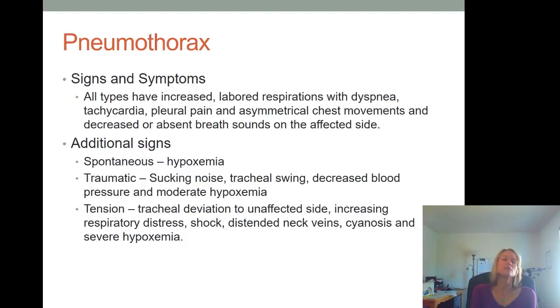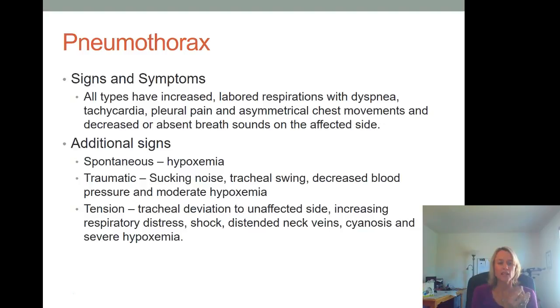Signs and symptoms. All types of pneumothorax are going to have increased labored respiration with dyspnea, tachycardia, pleural pain, and we're going to see asymmetrical chest movements, and decreased or absent breath sounds on the affected side. Asymmetrical, meaning different between each side because one lung is collapsed and one lung is not.